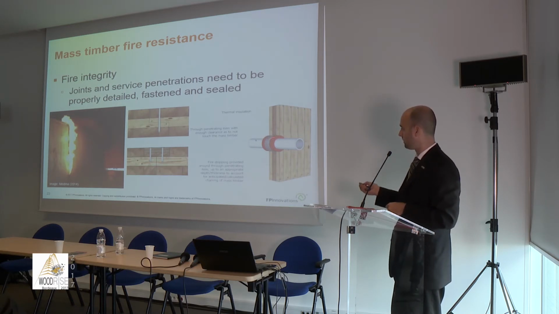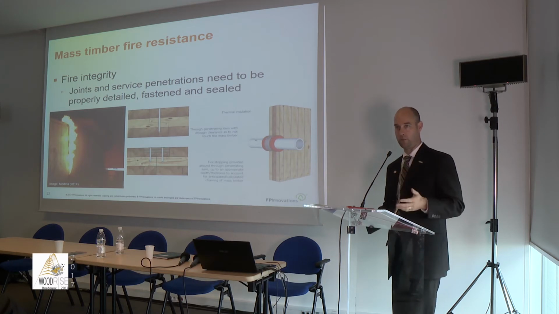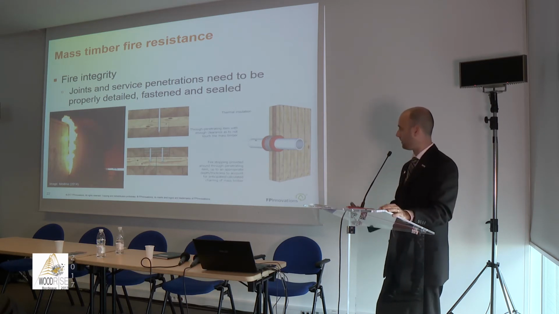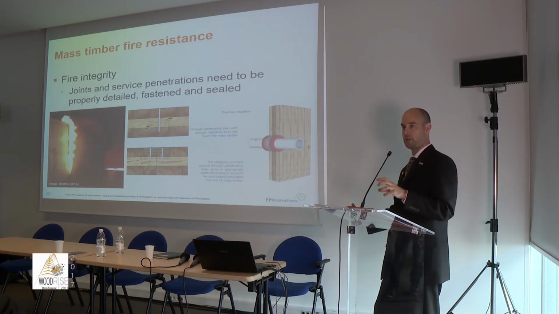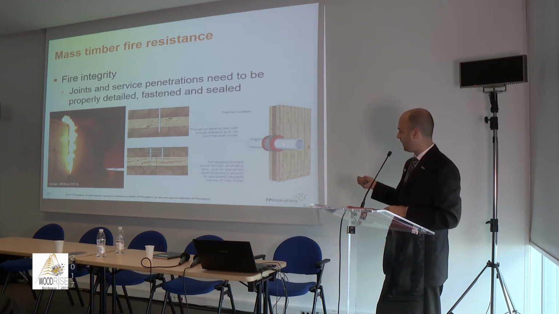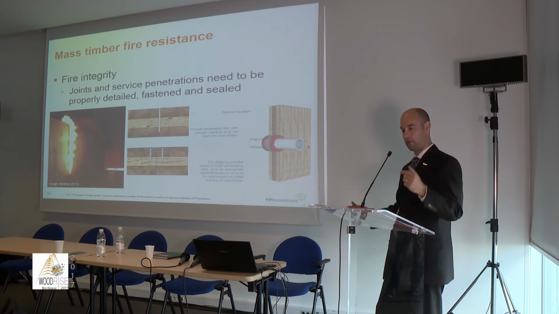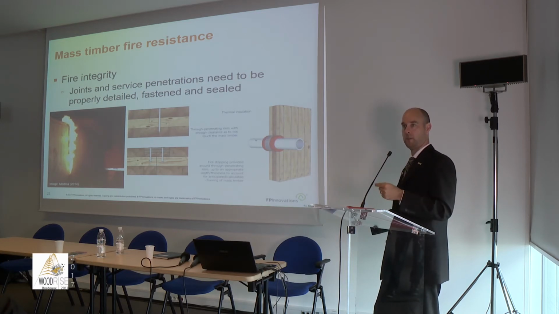Same with the surface penetration. We did some amount of fire testing as well. We use fire stop devices that are already approved for concrete assemblies, and we use them in the CLT. What we found is that if you have a metallic duct that goes into the assembly, you need to make sure that it's not touching the wood.